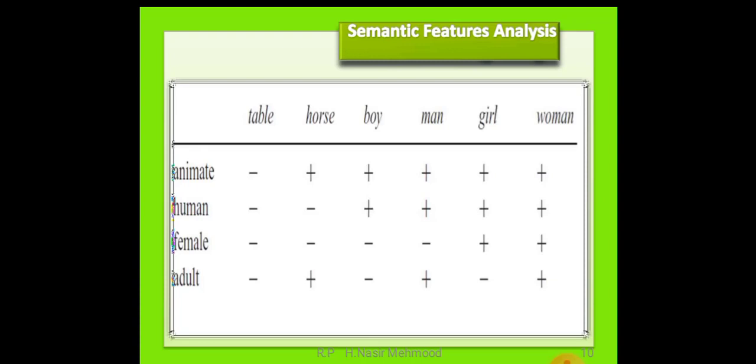Next is horse. Horse is animate, a living being, so plus, and human: of course horse is not considered human.